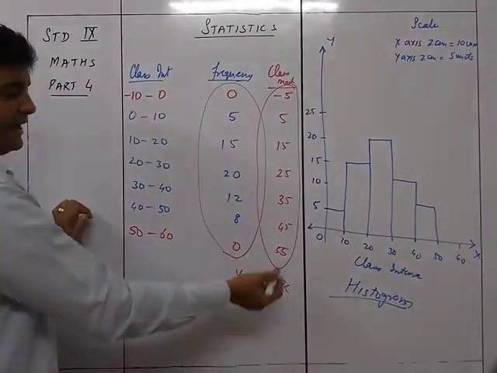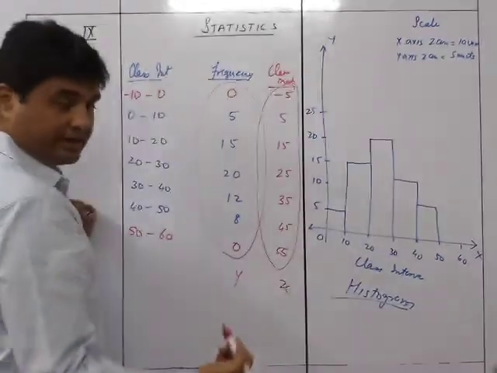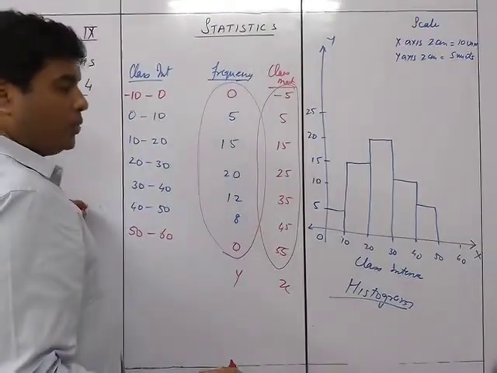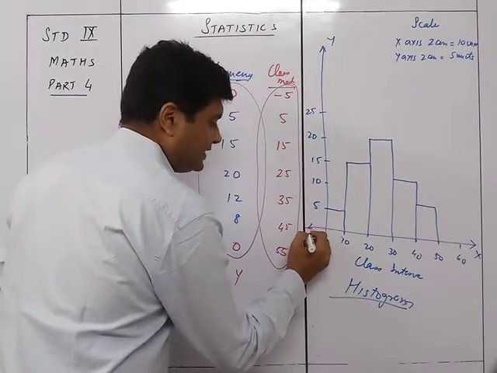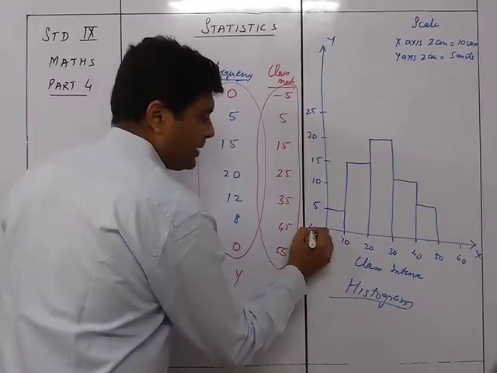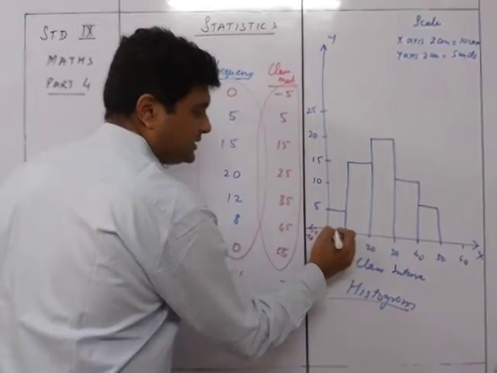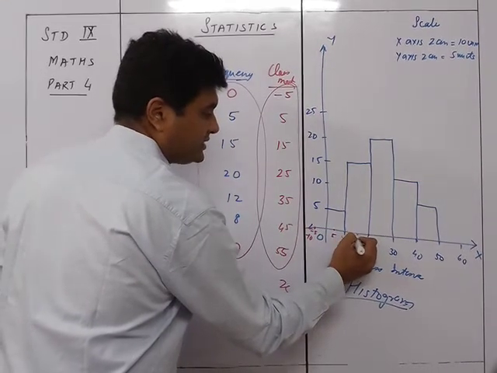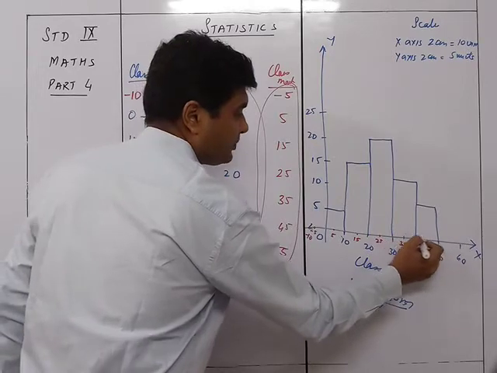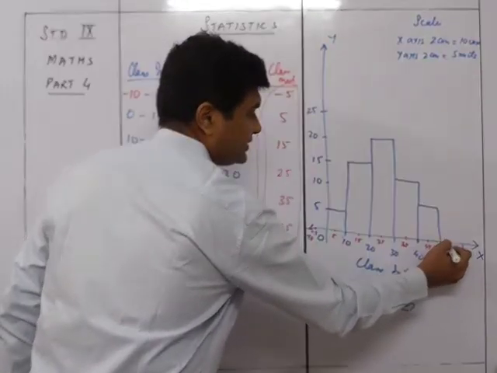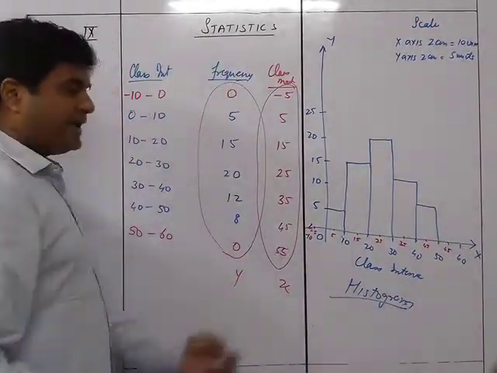So this is like x comma y, 55 comma 0. Okay. So let's plot it. So this over here is -10. There is this which is -5. Over here this is 5. This is 15. This is 25. This is 35. This is 45. This is 55.